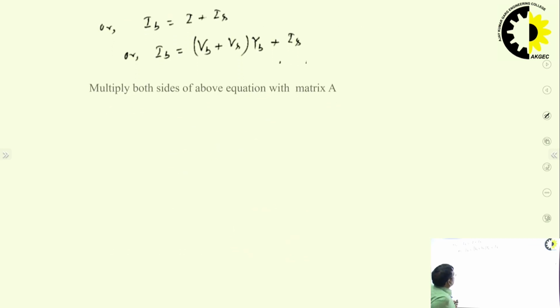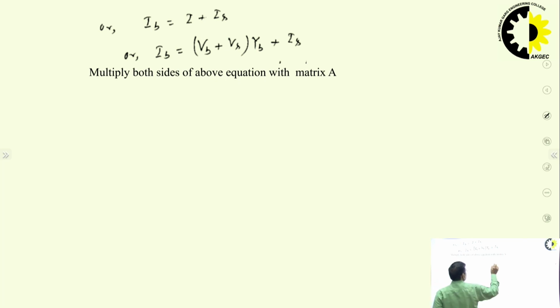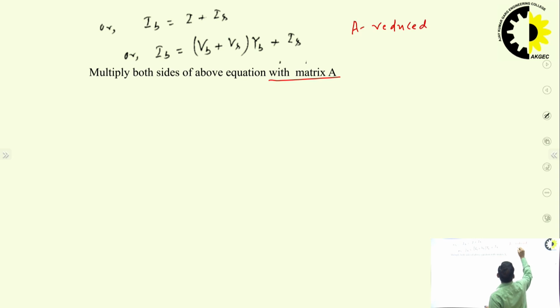Now, multiply both sides of the above equation with matrix A. A is the reduced incidence matrix. How do we get it?